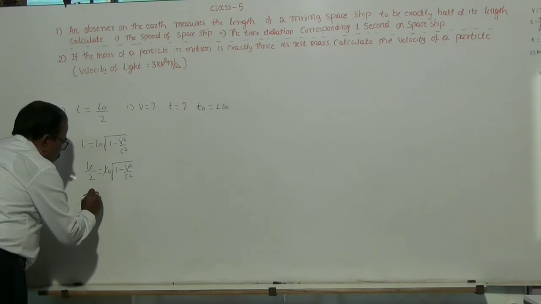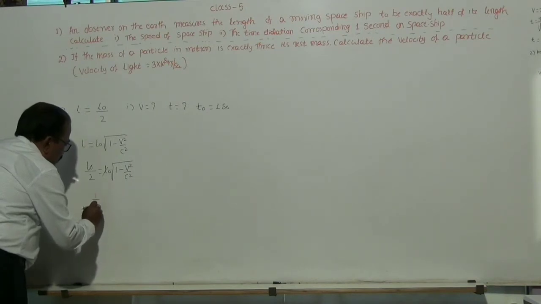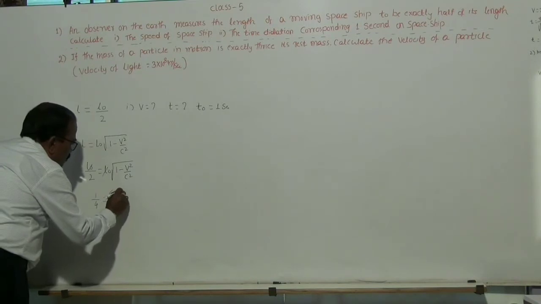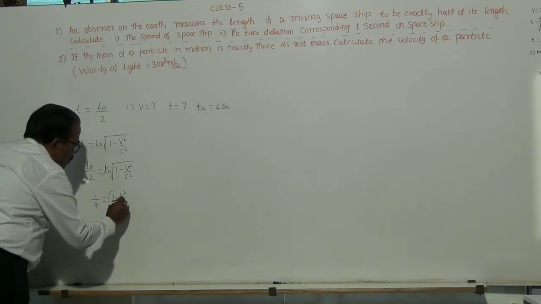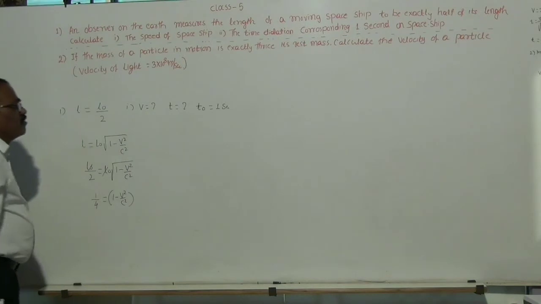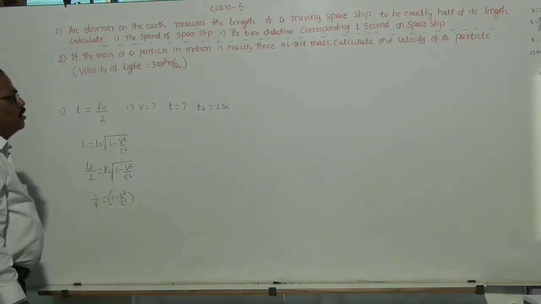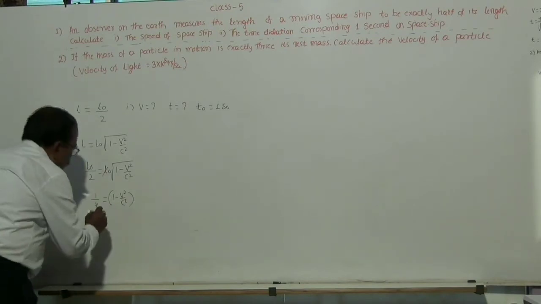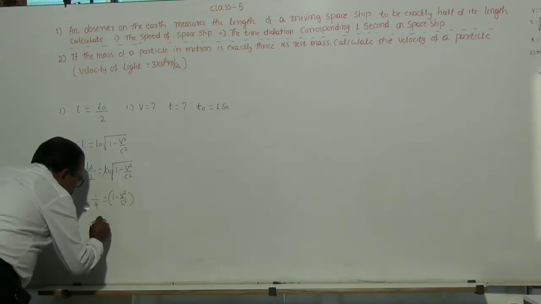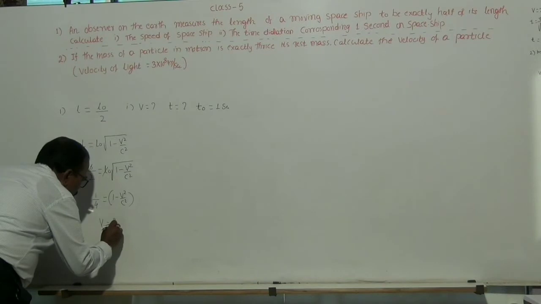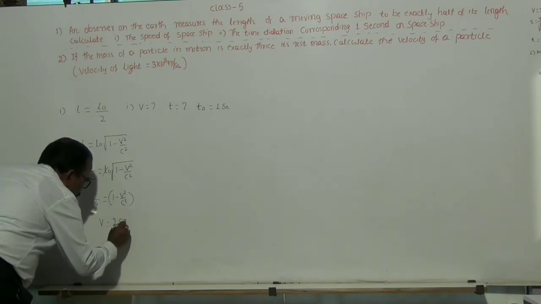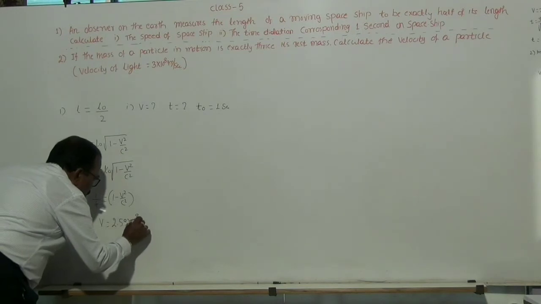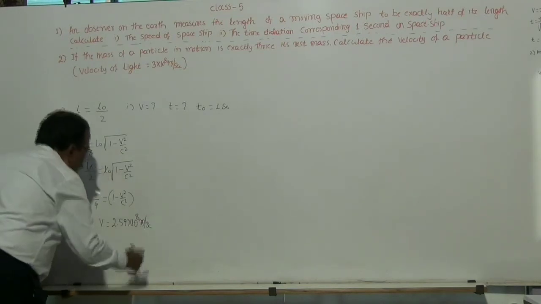Then if you square this equation, it is 1 by 4 is equal to 1 minus V square by C square. If you simplify this, you are going to get V is equal to 2.59 into 10 raised to 8 meter per second.